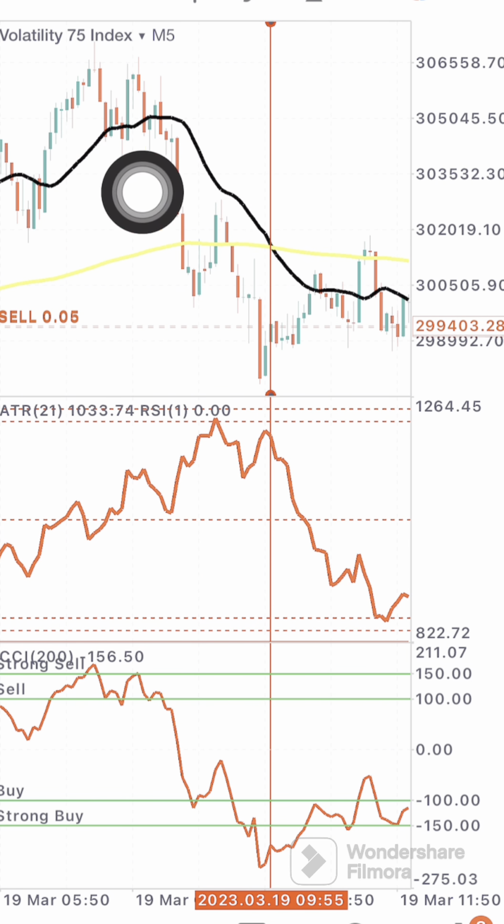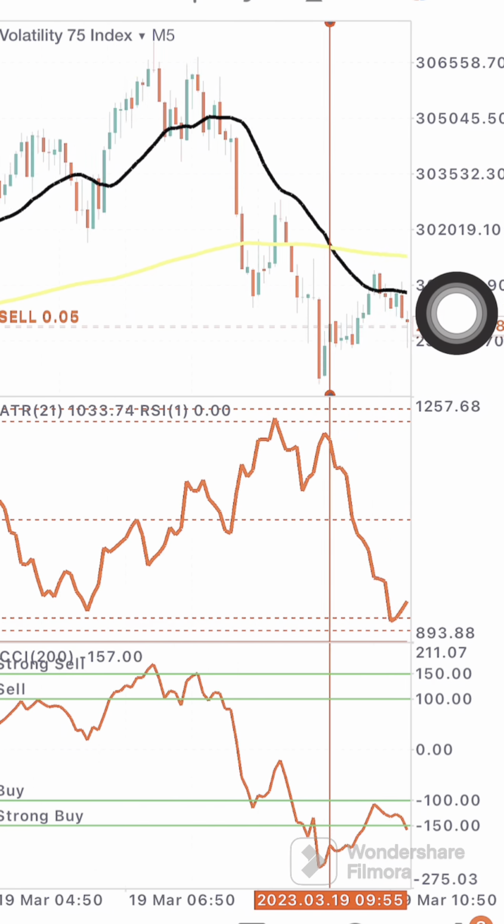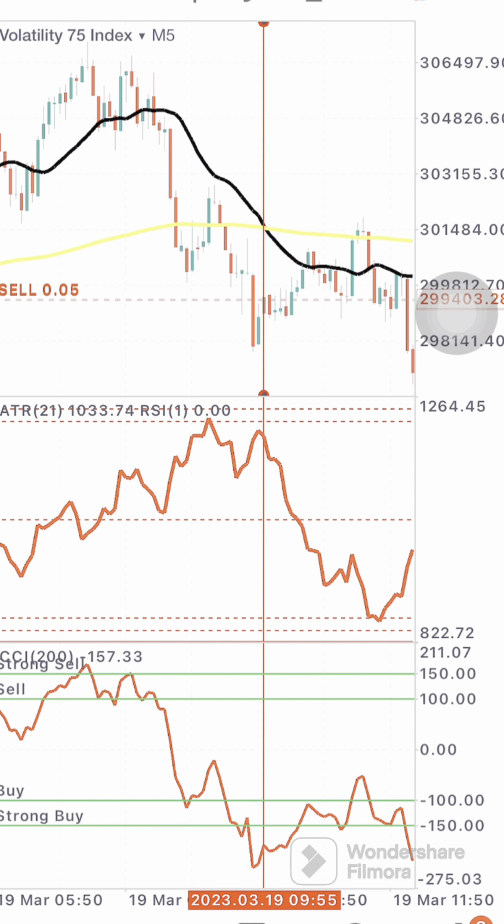You get my point? You need to get a crossover below this level. That's one. Number two, if we have this crossover here, then we need to concentrate on the average true range.